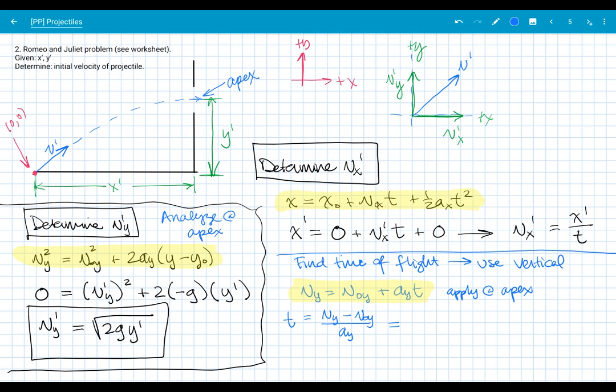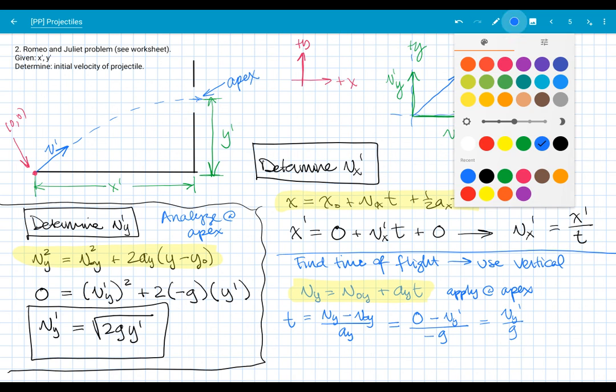For our particular problem, at the apex, the y velocity is 0. My y initial velocity is Vy prime, and we already know what that is. The acceleration in the y is negative g, so this tells me that the time is equal to Vy prime over g.